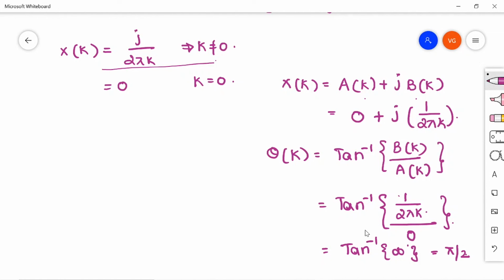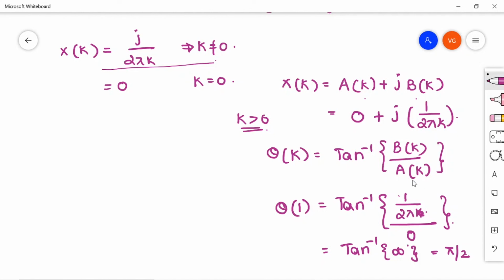This value will be valid when k is greater than 0. For any value of k, it will be left with pi by 2 only. If you put k equal to 1, this will be 2 pi, and if k is 2, it will be 4 pi.